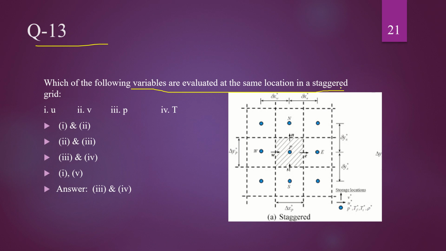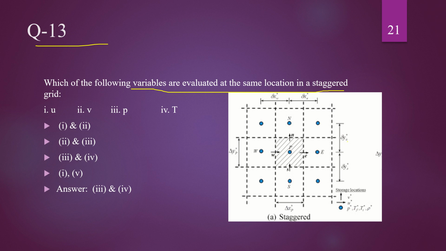Regarding the staggered grid, we just saw it in the previous three or four problems. A staggered grid is used to avoid the checkerboard pressure oscillation. So pressure is stored at the center of the cells, and the u velocity and the v velocity are stored at the face centers of the cells.